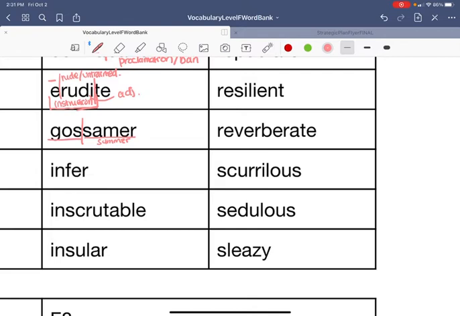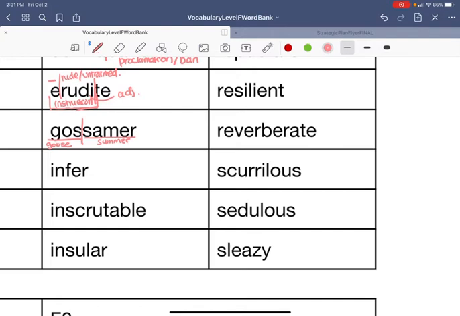And gauze comes from the word goose. Who would have known? And then also this word kind of really reminds me of gauze. I don't know if that's how they came up with that word, but maybe goose down.